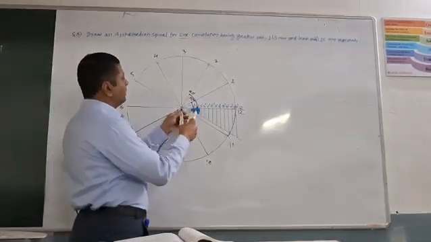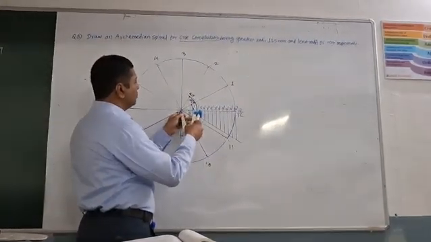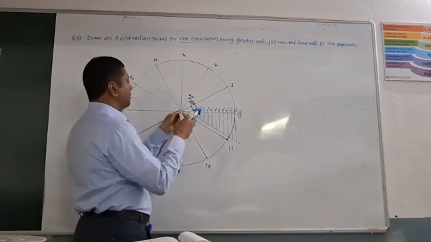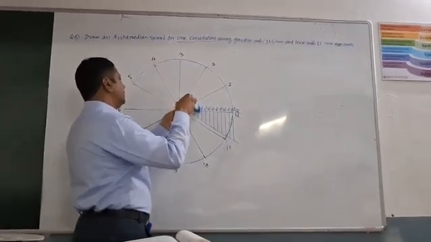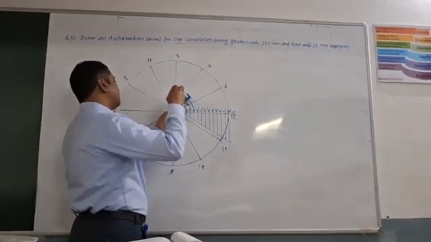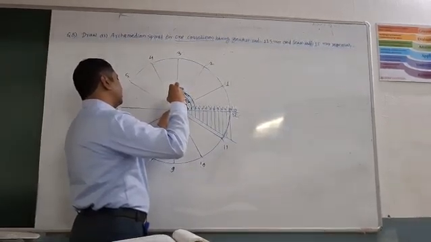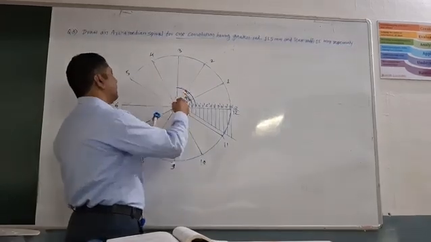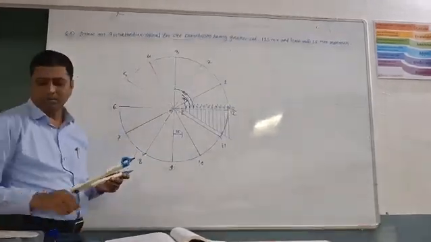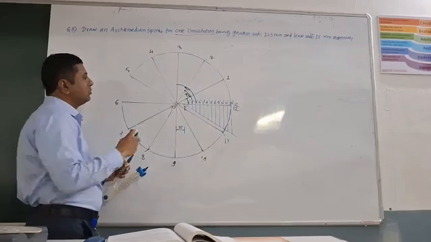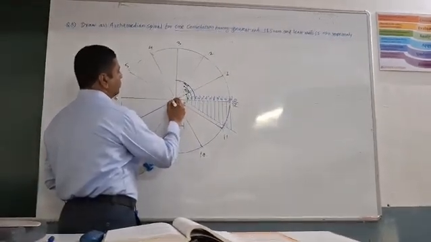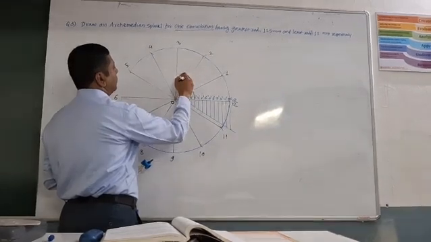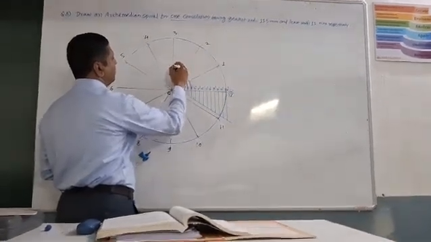Next, similarly, take distance O3 dash in the compass. Draw an arc which will intersect radial line O3. This is my center O. Mark this point as P3.